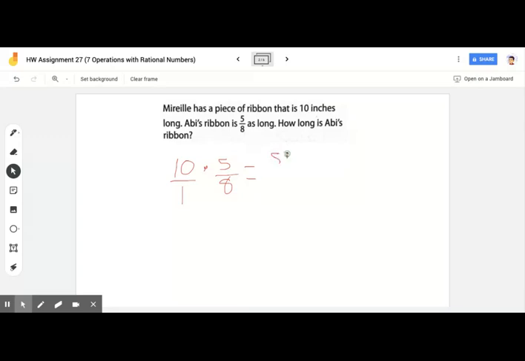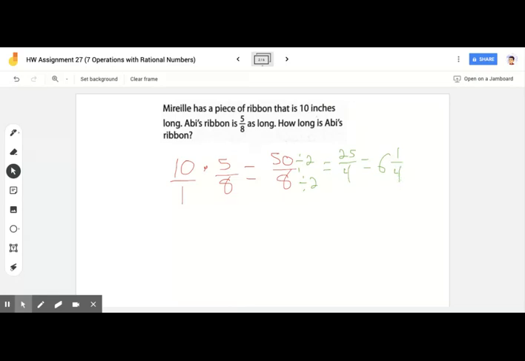It's 50 over 8. That can be simplified. So divide top and bottom by, let's go with 2. Divide by 2. We get 25/4, which is equal to 6 1/4.